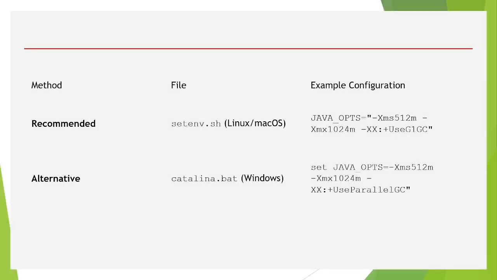The recommended way to set it: if we are using Linux or Mac, then the recommended place to set the JVM parameters is setenv.sh, and this is the parameter you can set. In my case, we have set minimum memory 512 MB and maximum 1024 MB.